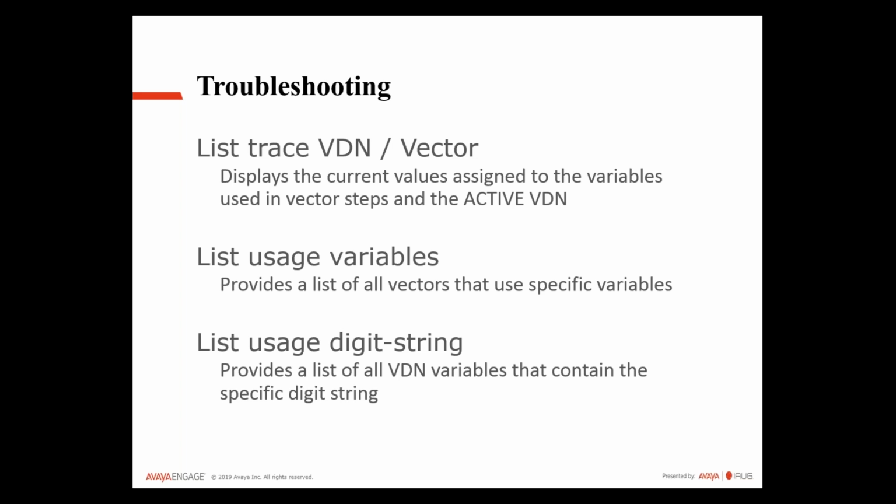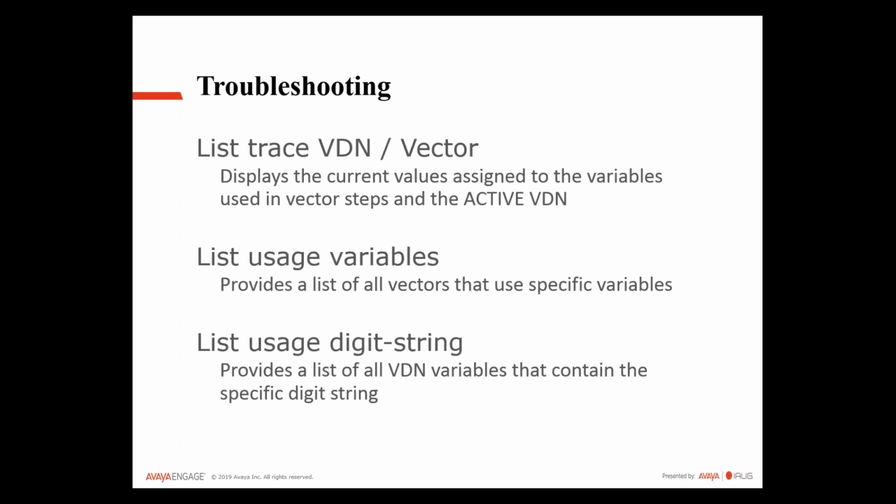List usage digit string became really important when you start to use VDN variables. Before, you probably used list usage extension, and it would tell you every place in the system that extension was used. If you're putting the number on the VDN variable, then the system doesn't look at it as an extension. It's just a digit string on the back of those VDN variables.